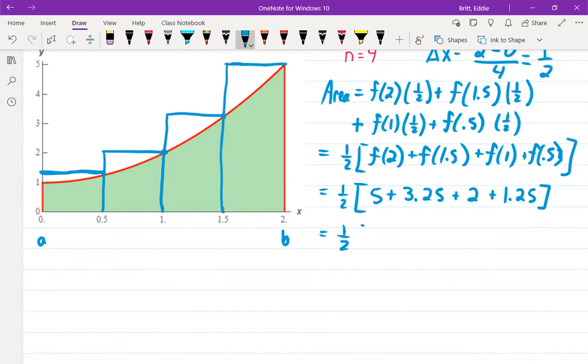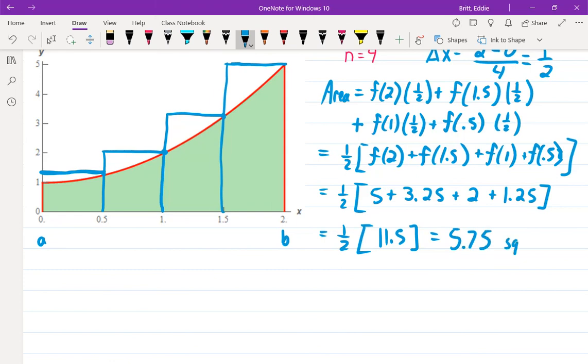All right. So now let's add all those values up that I have in my brackets. 5 plus 3.25 plus 2 plus 1.25. That's 11.5. Now let's say that times 1/2, or times 0.5. And I got 5.75.